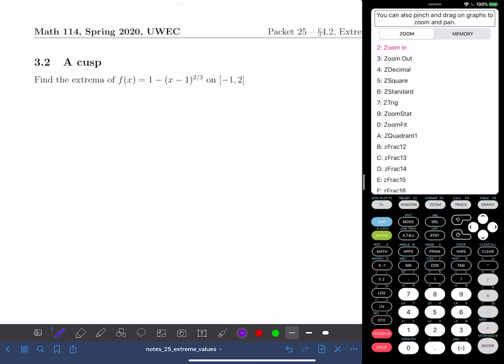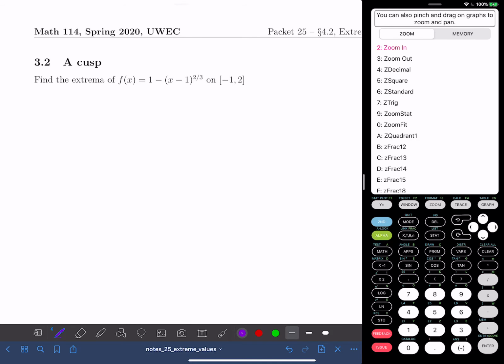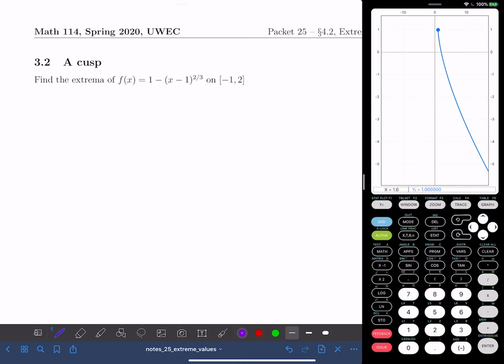Zoom fit. Oh, I kept going zoom standard. Let's zoom out. Now, I think this calculator is wrong. So if I put in something that is around 0, then I have x minus 1 is around -1.